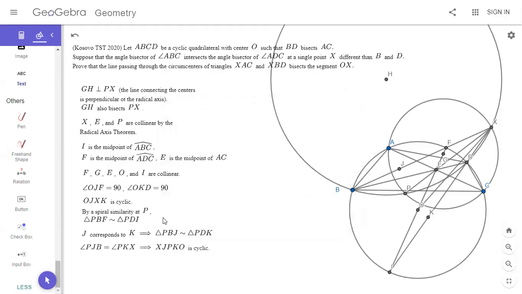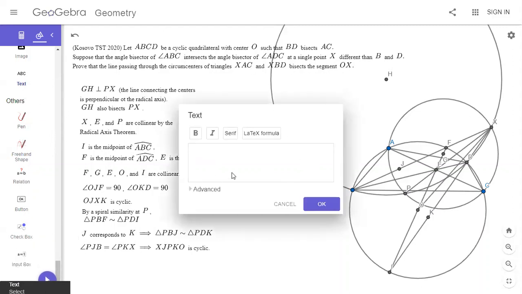And once we know that, that means angle OPK is equal to angle OJX, which is 90. Okay.